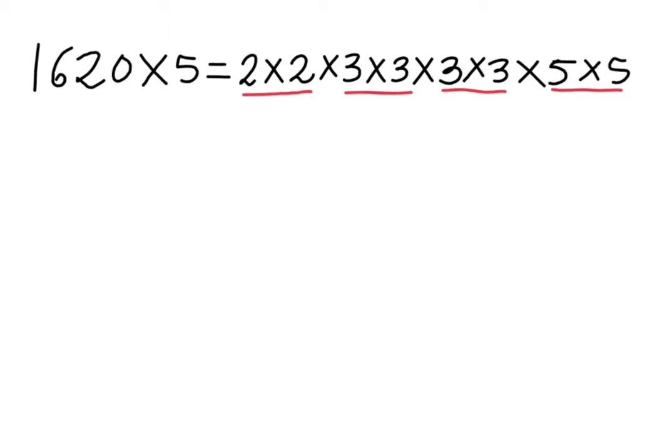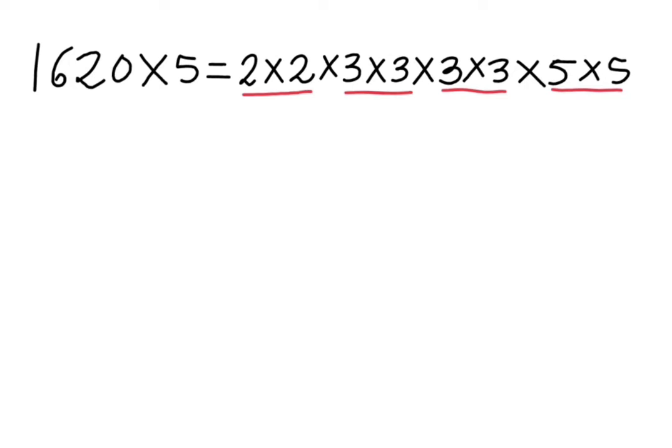Now let's take the first case. If we are going to multiply, we will write like this. We multiply by 5 on both sides to balance it, right? So in such a case, we will get all the pairs, like we got for 2 and 3, and for 5 also. After this, what are we going to do?